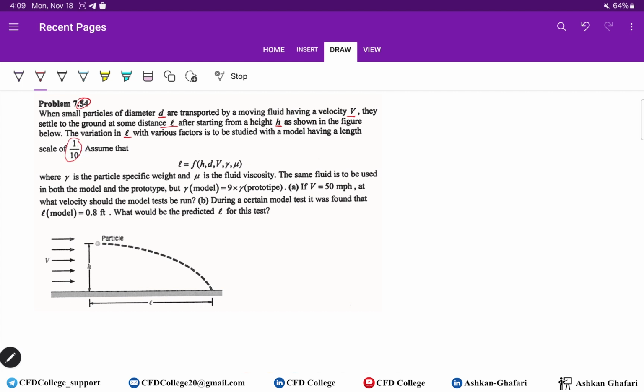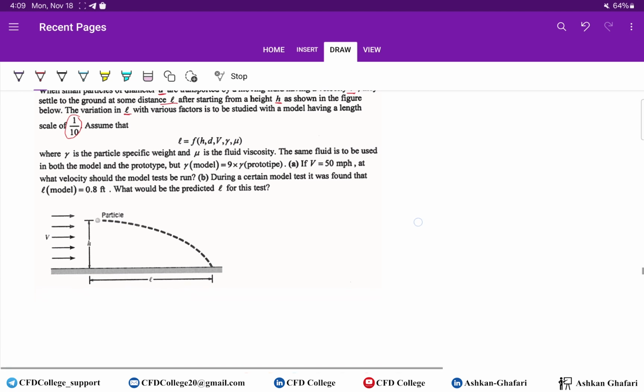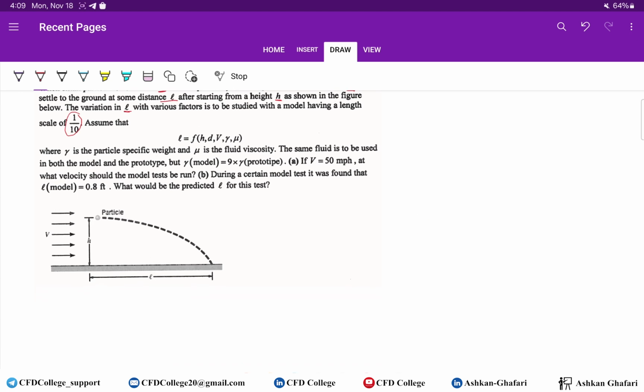So we know the scaling. Now we are comparing the prototype and the model. Assume that L is a function of h, diameter, velocity, specific weight, and viscosity. Gamma is particle specific weight, mu is fluid viscosity.